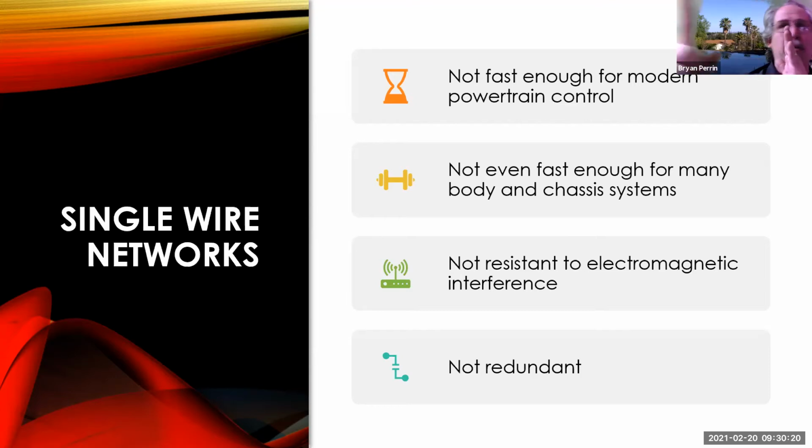Which means I just have to go around the long way through the other bridge. I can still get there. So we do build some redundancy into some single wire networks. It depends on how we built the network. Is it a series network, or is it a daisy chain that goes around in a circle? There are different ways we can do it, and I'm going to show you some of those coming up in a minute.